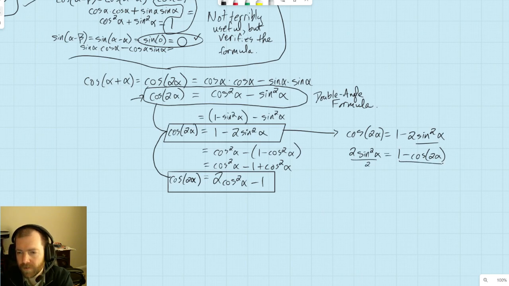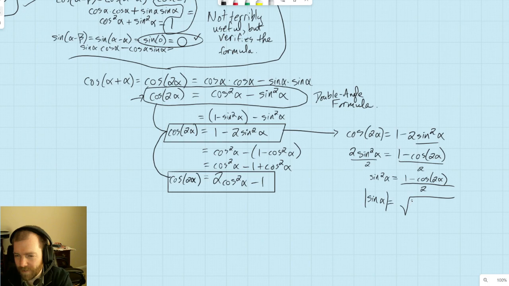Divide by 2, divide by 2. Sine squared alpha is equal to 1 minus cosine of 2 alpha all over 2. And now the absolute value of the sine of alpha is equal to the square root of 1 minus cosine of 2 alpha over 2.